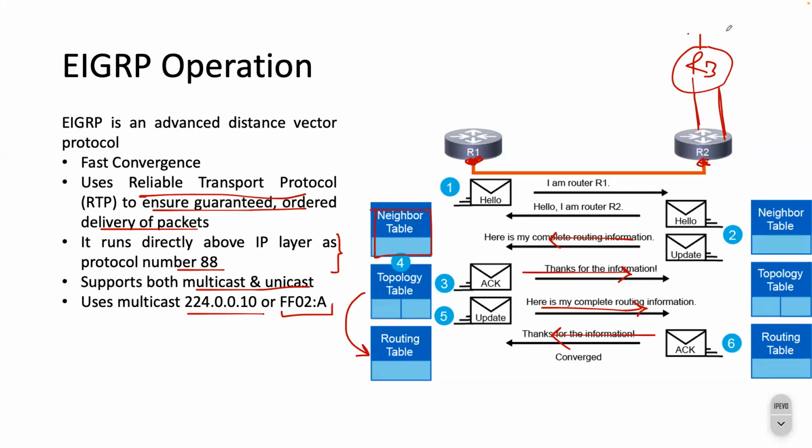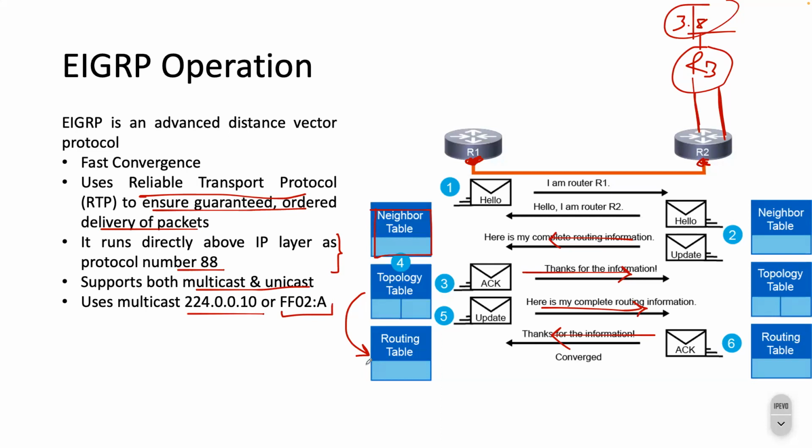Let's say there was a destination over here, 3 dot something. This destination is being learned via both neighborships. So in your topology table, you may have more than one route for this subnet, but in your routing table, only the best route will be selected from your topology table.